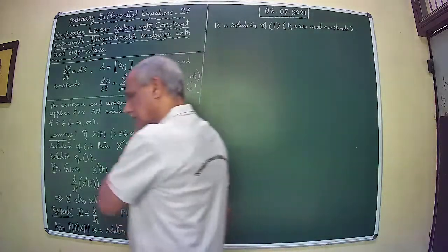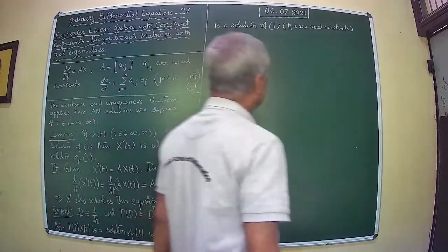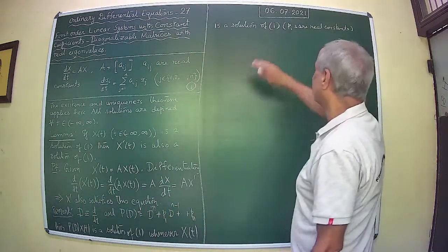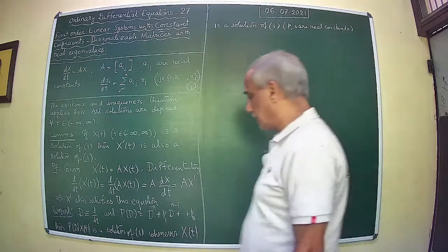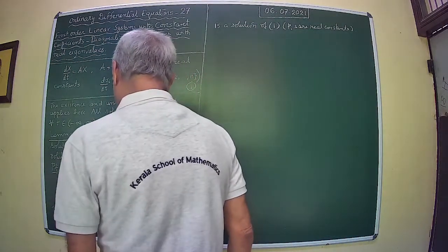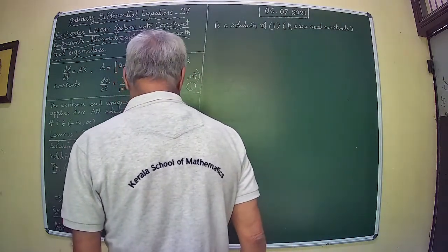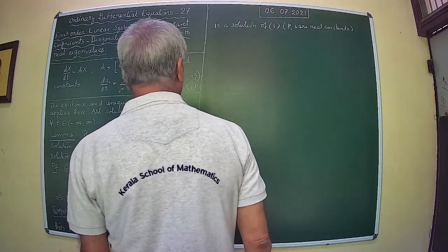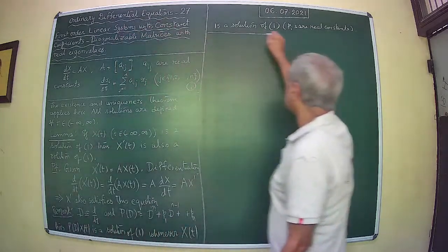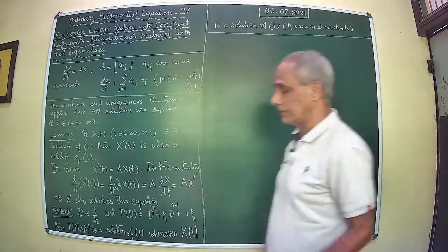I mean, there is no problem. But let us, for the time being, take this. Then P(D) of x is also a solution whenever x(t) is a solution of 1. Now, this is one simple observation and a consequence of the lemma that we have proved.